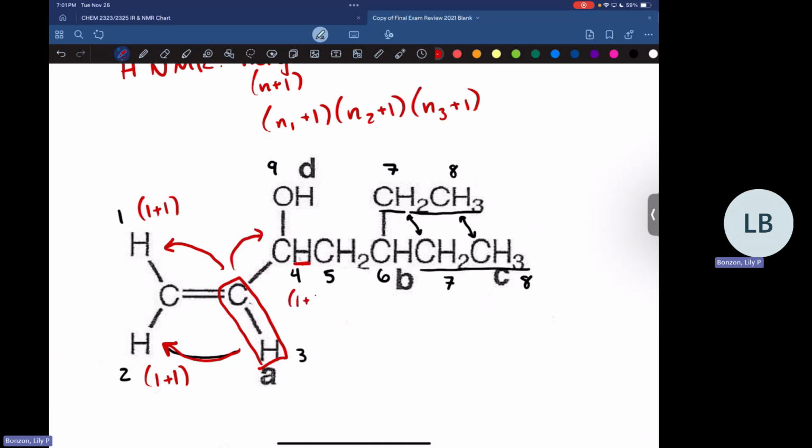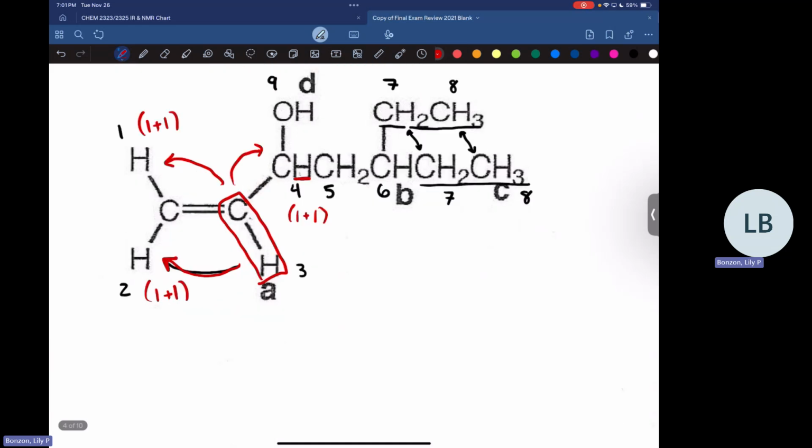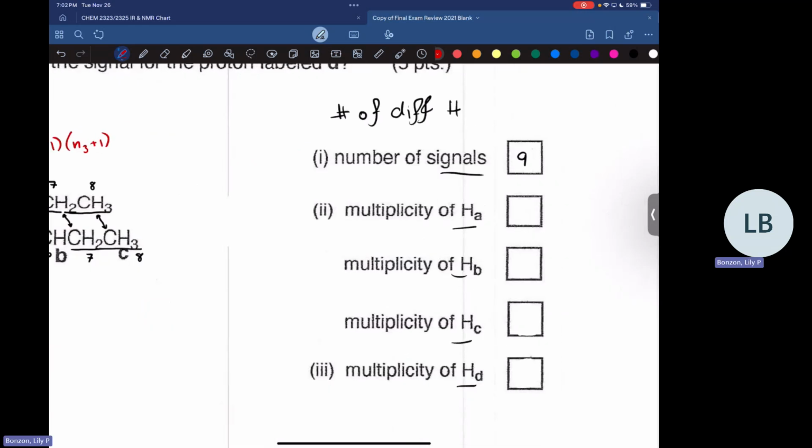So this will also give us a 1 + 1. So in total for HA, we have 1 + 1 times 1 + 1 times 1 + 1. So that's going to give us 2 times 2 times 2, which is going to be 8. So that's the number that we'll put in the box.